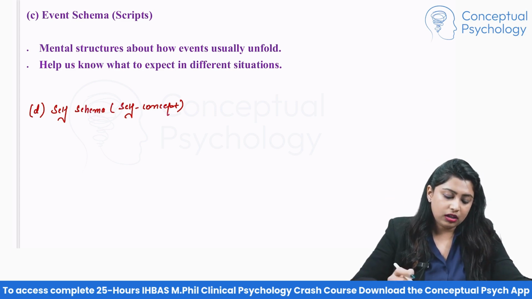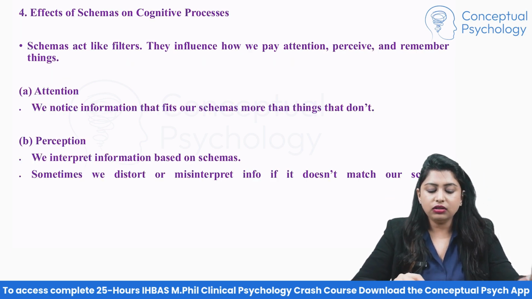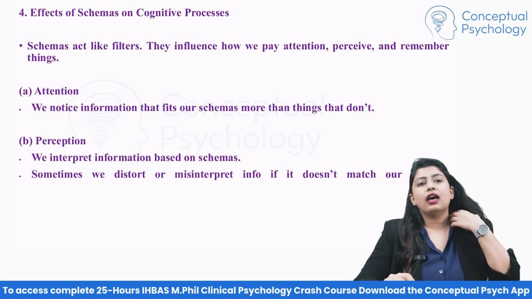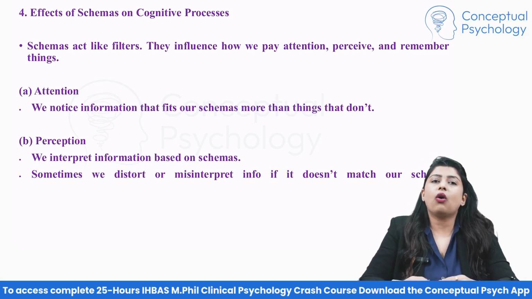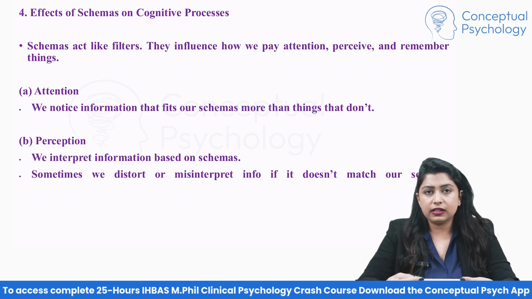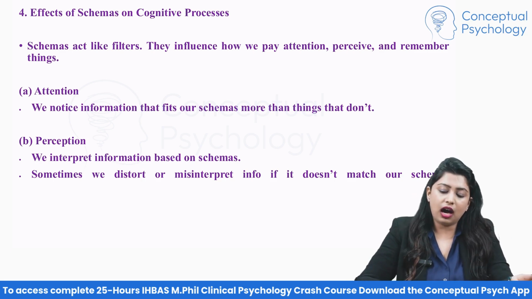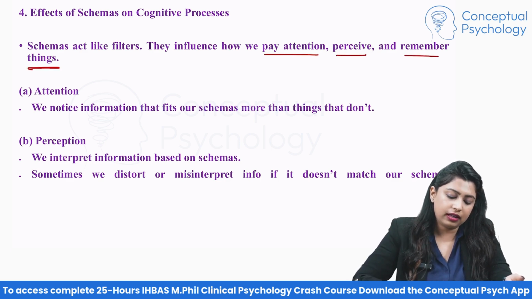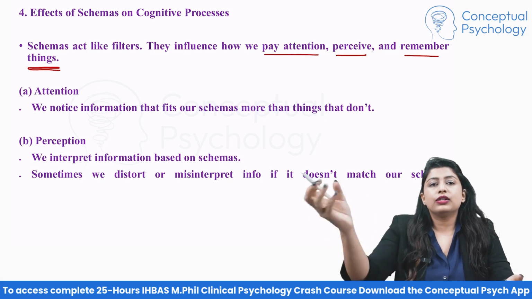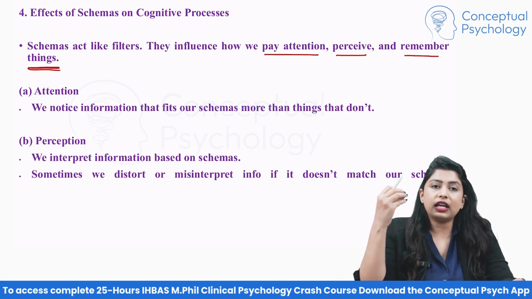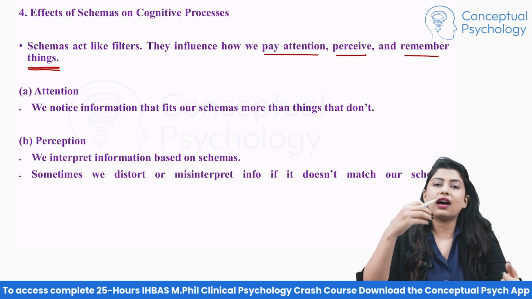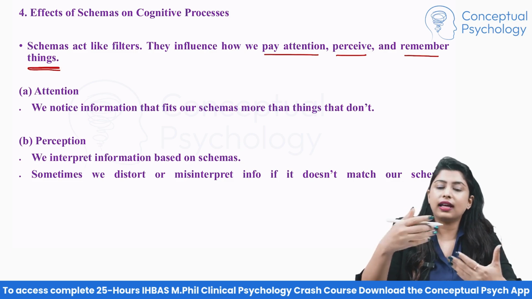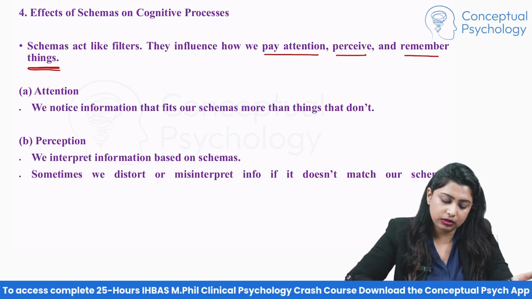Moving on to the effects of schemas on cognitive processes. So schemas, they often act like filters. They influence how we pay attention, how we perceive, and how we remember things. So when we talk about attention, we notice the information that fits our schemas more than the things that don't, right?